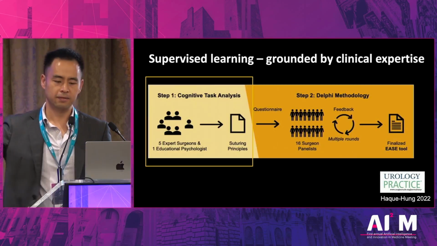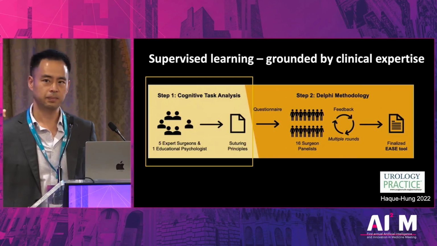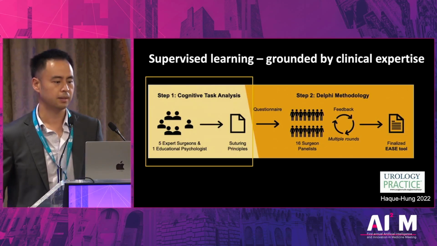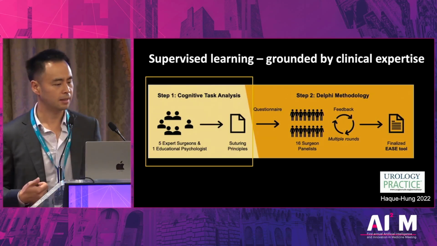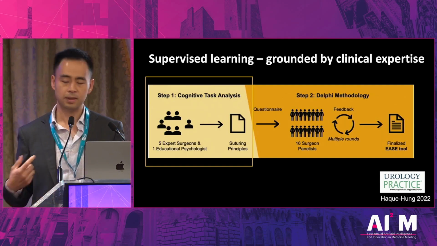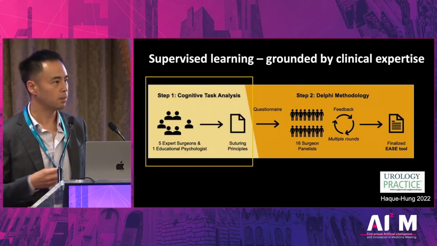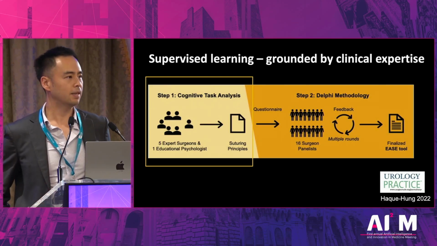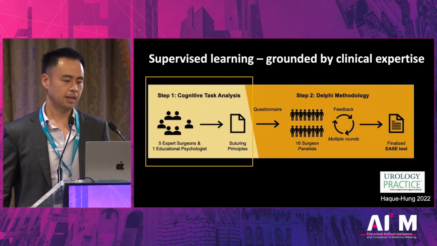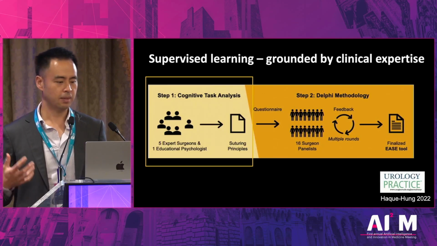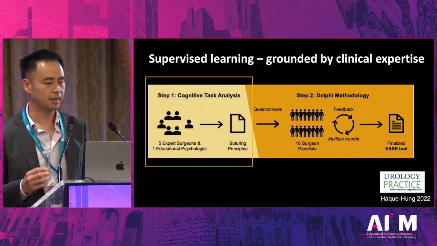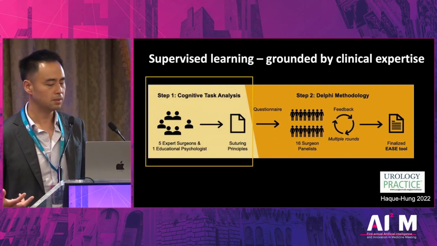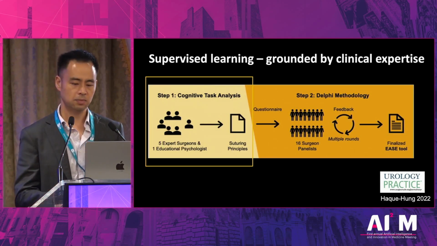And in order to have this final product of this tool that would be used to assess the granular performance of a surgeon while suturing robotically, there was a first step of a cognitive task analysis where we brought in 5 expert surgeons plus an educational psychologist to break apart suturing down to its nitty-gritty, to all the really fine details of what makes suturing good or bad. And then over the course of several months, we came up with a set of principles that we then gave to 16 surgeon panelists, and this group worked over another 3 months to finally come up with this assessment tool.